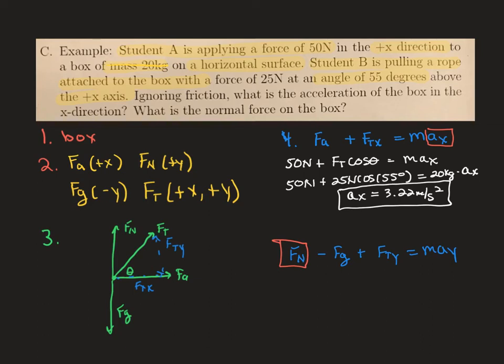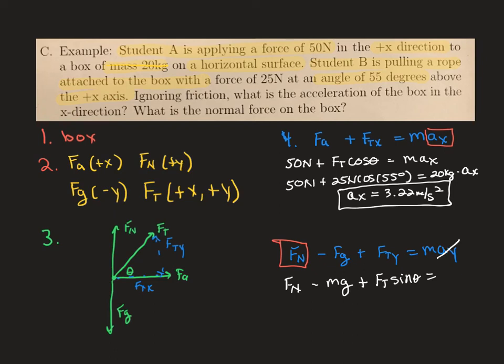We need to find the force normal. Our force normal is unknown, so we can't replace it with anything. Let's see, we're given mass, it's in kilograms, so I need to replace the force of gravity with m times g. And since the force of tension in the y is opposite of the angle provided, I'm going to use sine, so force of tension times the sine of theta. And in this case, it's being pulled along a horizontal surface, so we're not moving in the y direction.